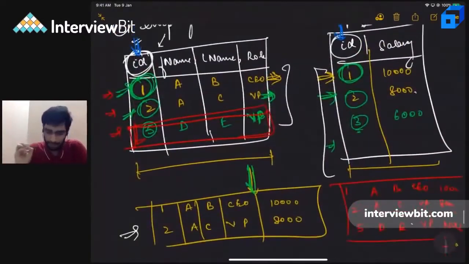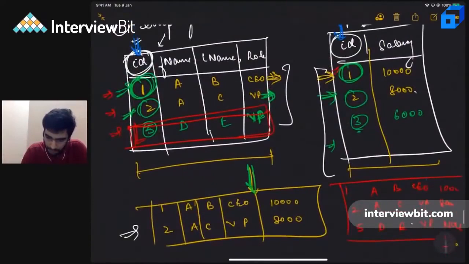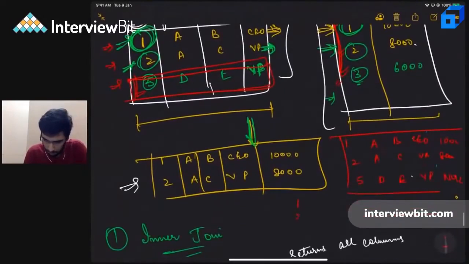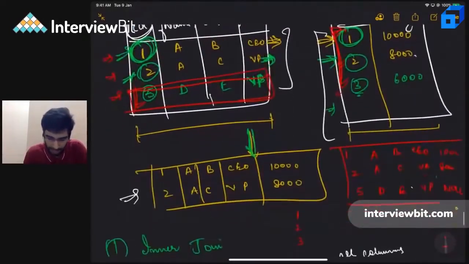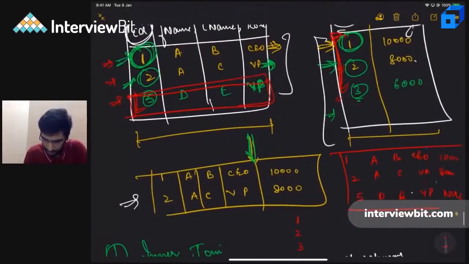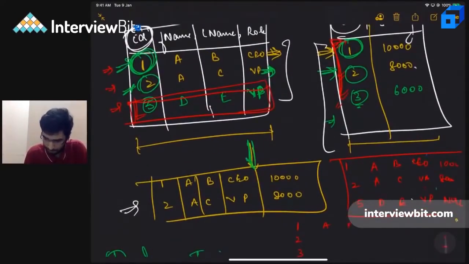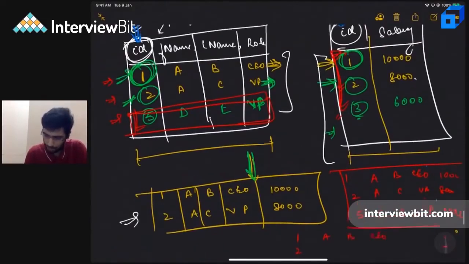So what will it return? It will return 1, 2, and 3. For 1 and 2, there is data on the left side, but not for 3. So the IDs returned are 1, 2, and 3. For 1, I know the first name, the last name, the role, which is CEO, and I also know his salary.